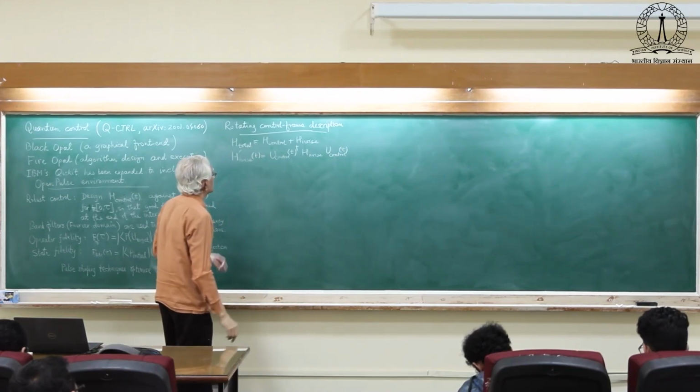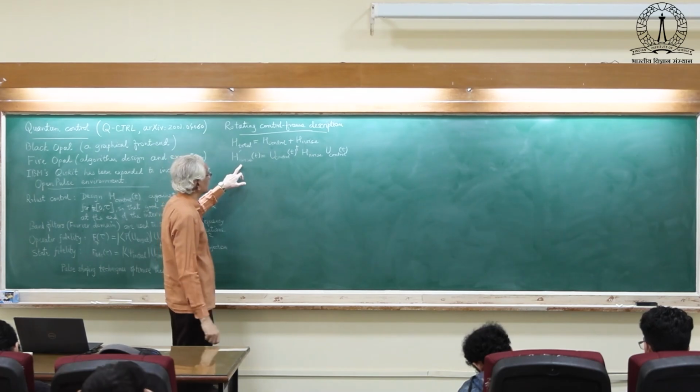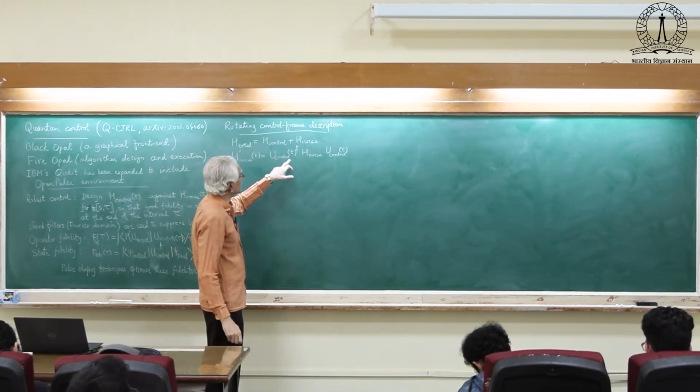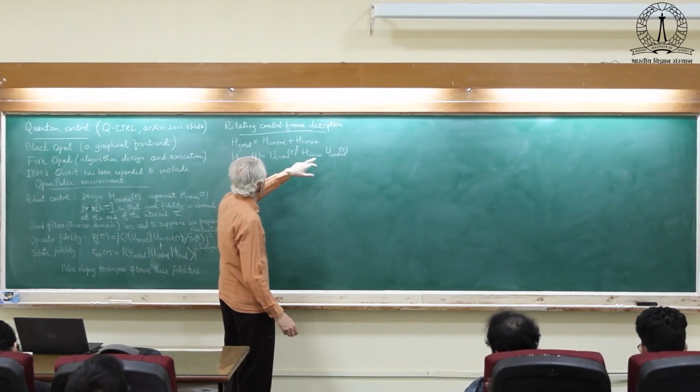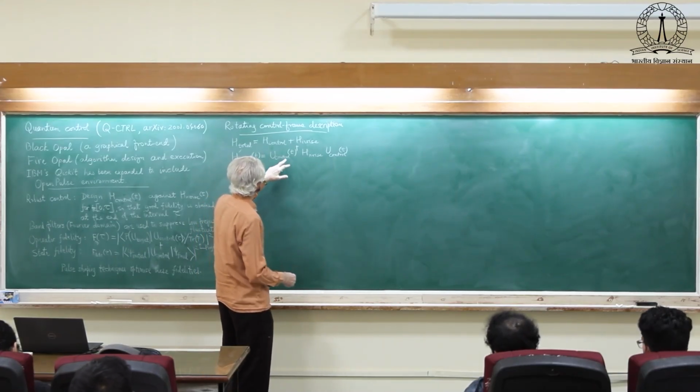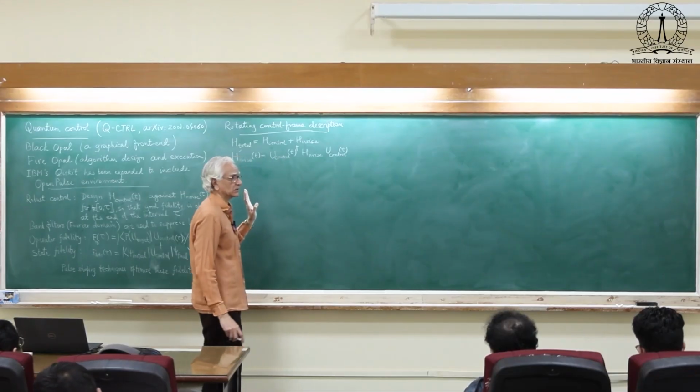So how does the rotated Hamiltonian look like? Well, it's a unitary transformation of the original Hamiltonian, and this U dagger and U take you to the frame where this control part is cancelled out.